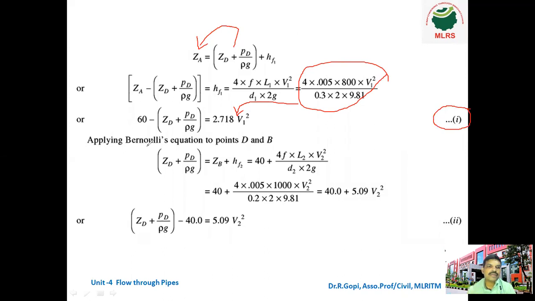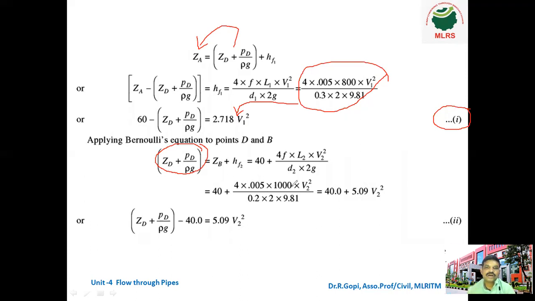Now applying Bernoulli's equation to points D and B. ZD plus PD by rho G is equal to ZB plus HF2, equal to 40 plus 4F L2 V2 square divided by 2G D2. Here this is the unknown value; this only we need to calculate. ZB we know, 40, plus the HF2 formula: 4 into F, 0.005, is the constant value they gave for all the pipes.